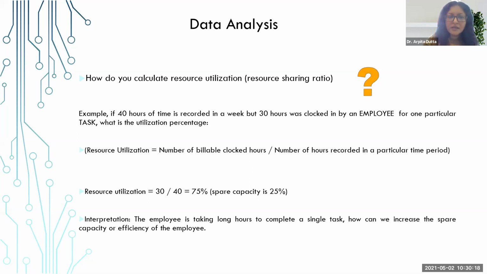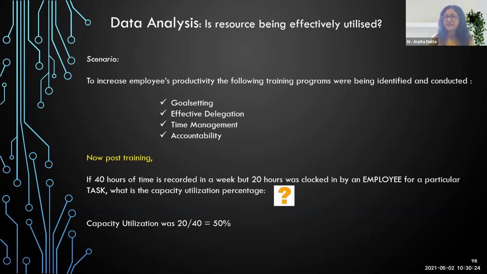All right. So now post-training, we have seen this. What the formula means is that he is taking lesser time now to do that particular task. So when I say spare capacity, available capacity, in other words, for your clarification, the available capacity to be again utilized for an equivalent important task is another 50%.